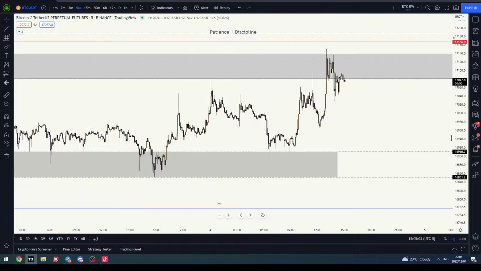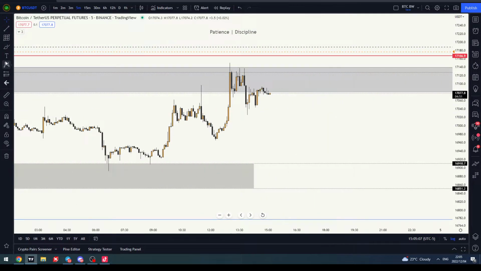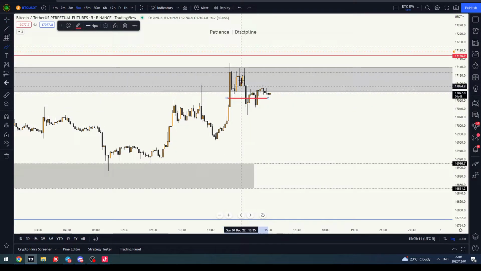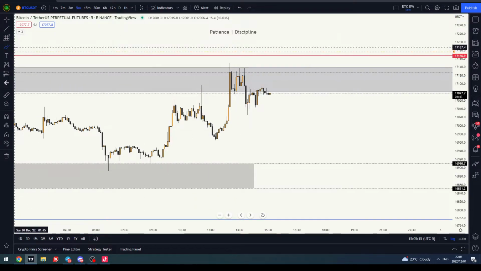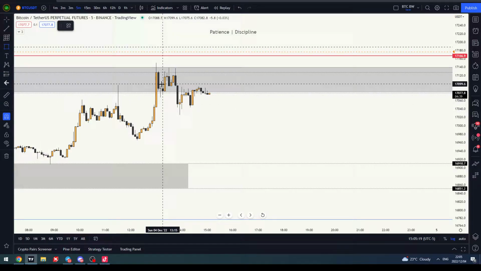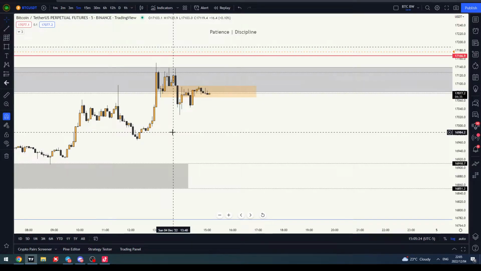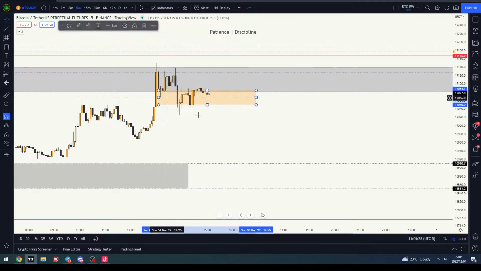Right, so now we are here. We had a shift in structure here. Price failed to go higher with a failure swing, which makes this a breaker block here, or sorry, a mitigation block. I think we could use this as a mitigation block, and then we have our fair value gap lying inside here.